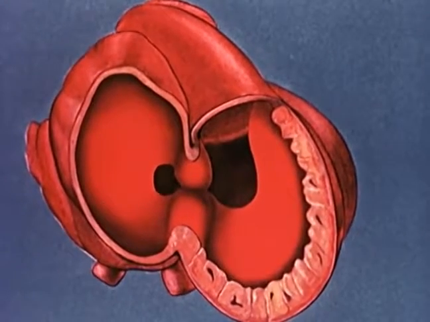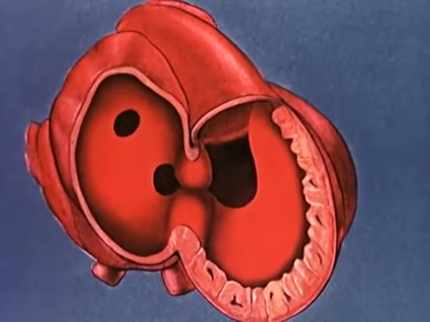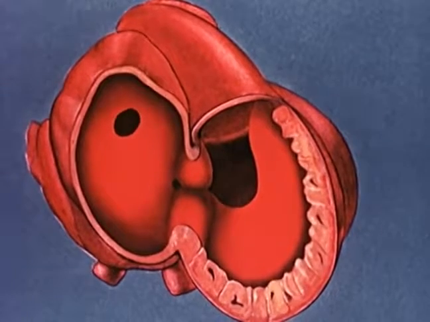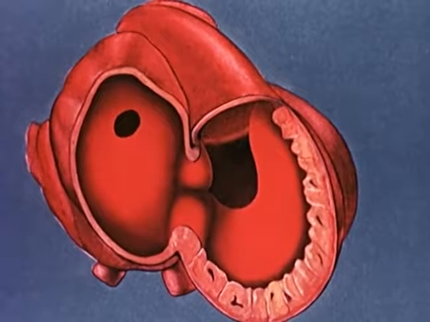Before the foramen primum becomes obliterated, a new opening appears high on the interatrial septum. The timely development of this orifice, the foramen secundum, provides uninterrupted shunting of blood from the right atrium directly into the left.